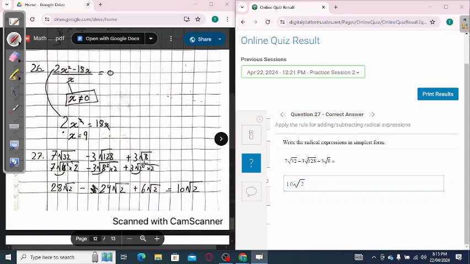And then 8 is 4 times 2, or 2 squared times 2. When you take all of these out, you'll only have radical 2 left, which is what we need. We need a result where all of them have the same number inside the radical. Then you just subtract. So 28 minus 24 is 4, plus 6 is 10, so 10 radical 2, and that's your answer.